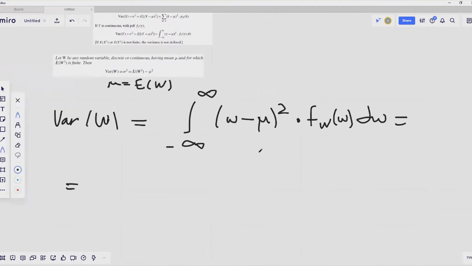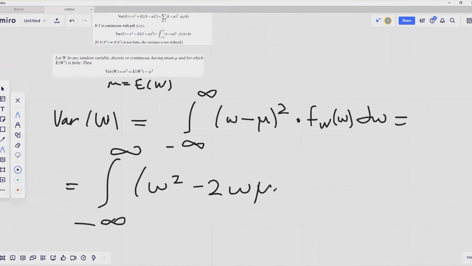So opening up the brackets here, we'll have an integral from minus infinity to plus infinity of (omega squared minus 2 omega mu plus mu squared) multiplied by f of omega d omega.